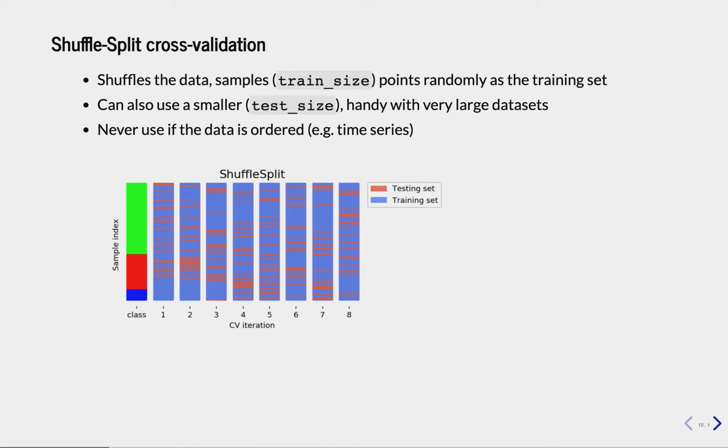Another thing you can do is to shuffle your data. So that means that before you actually start splitting into folds, you first shuffle the data. And this will end up looking like this. So after you shuffle this, and then you split it up, some points will be in the training set and some in the test set, and it will look more or less like this.